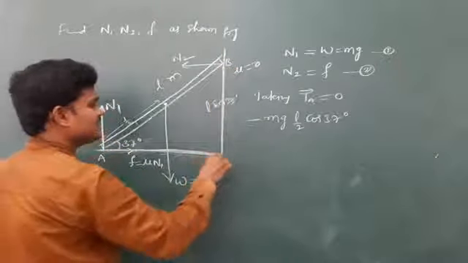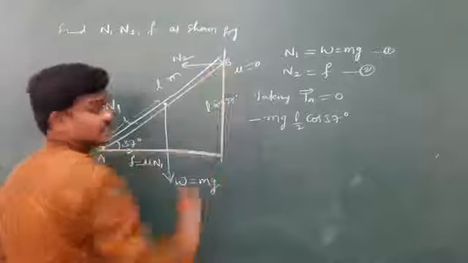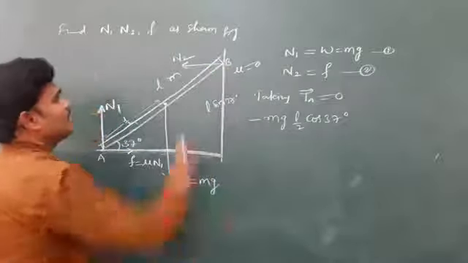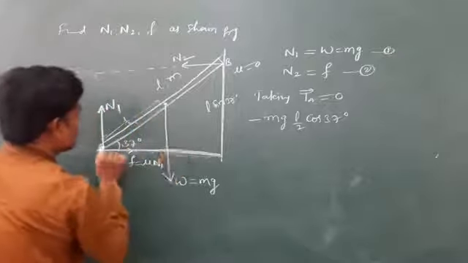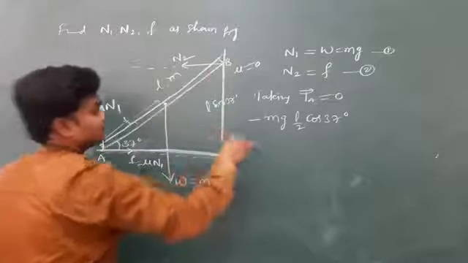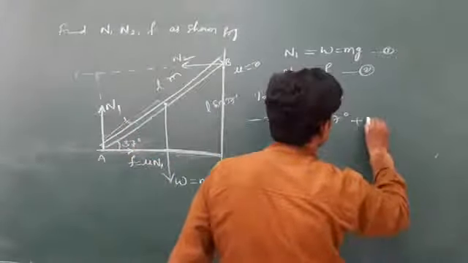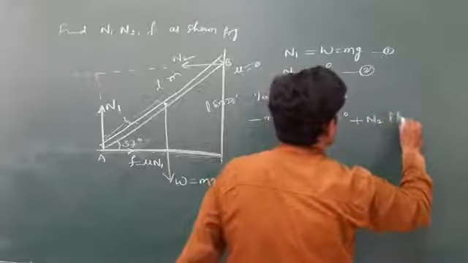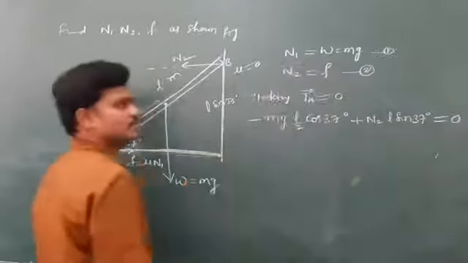For N2, the perpendicular distance about this point is L sin 37, and this is outward, so plus N2 L sin 37 is equal to 0.